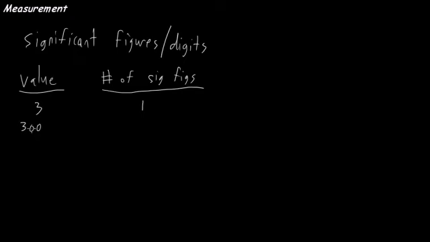Now when I do scientific notation, 5.20 times 10 to the minus 4, as long as this number is written in normalized scientific notation, then I can just count the digits. So I have 1, 2, 3. The 0 here doesn't have to be written. If it is written, it means it's significant.